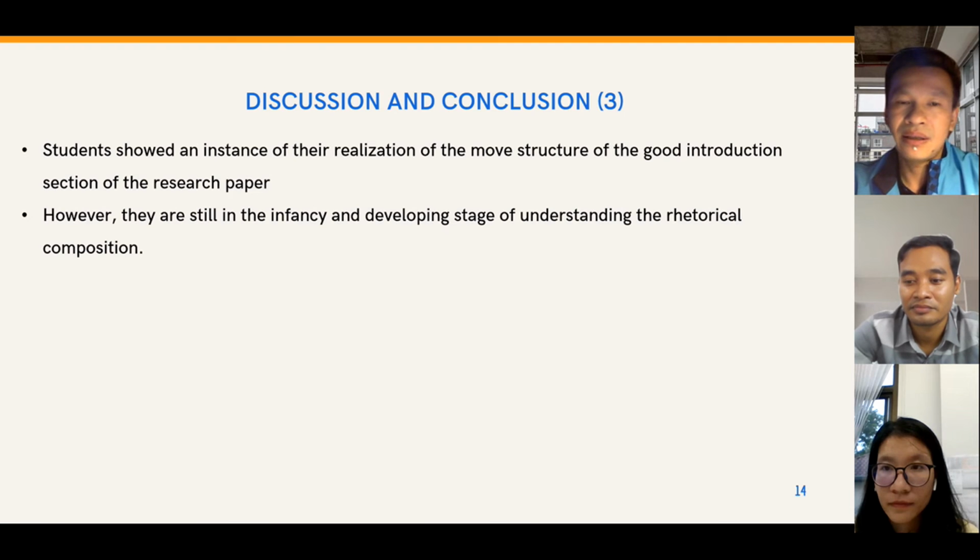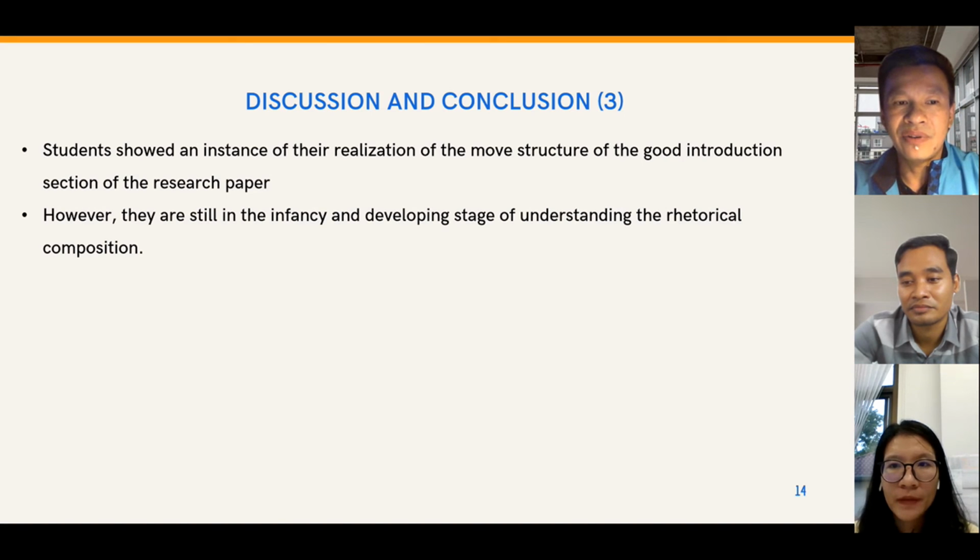So this means that our students are at the infancy stage, the developing stage, for understanding the composition of the rhetorical organization. So they are still naive and novice writers at this moment.